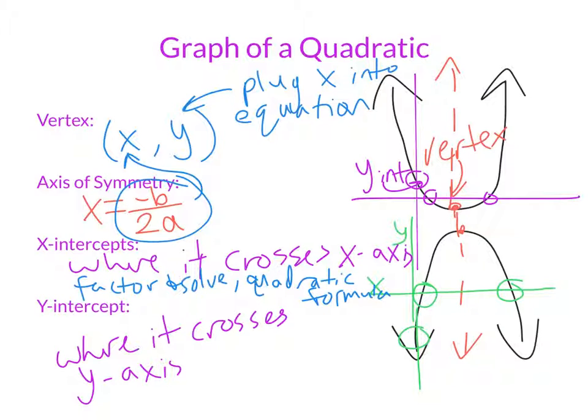Very good. Where it crosses the y-axis. Well, where does that happen? It happens when x equals 0, so we can basically plug 0 in for x into our equation. Okay?